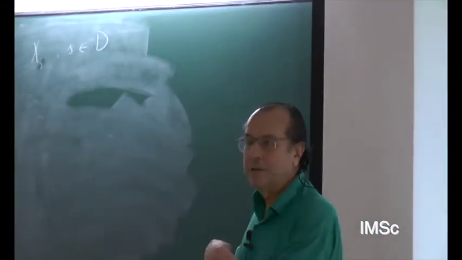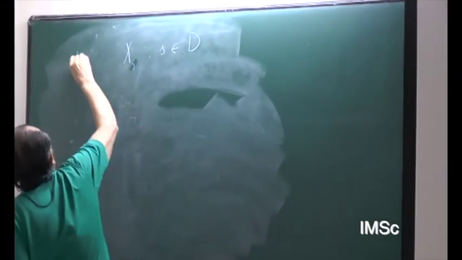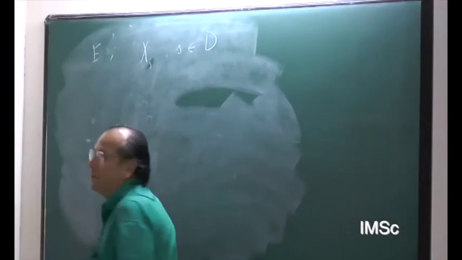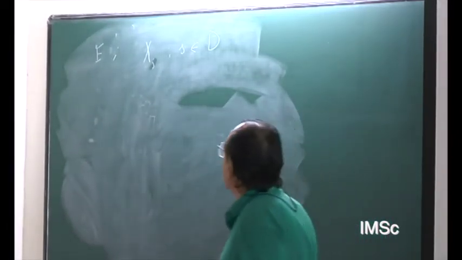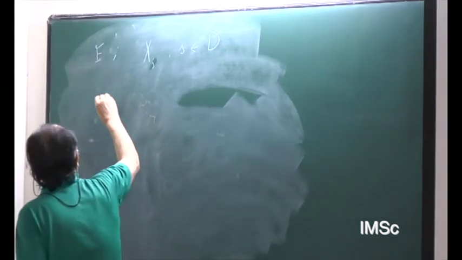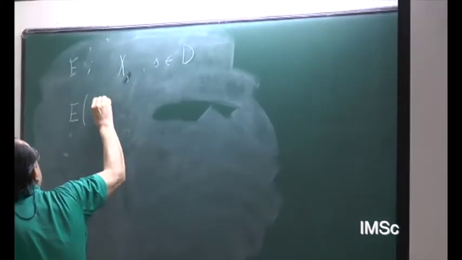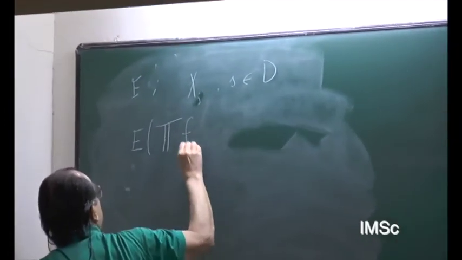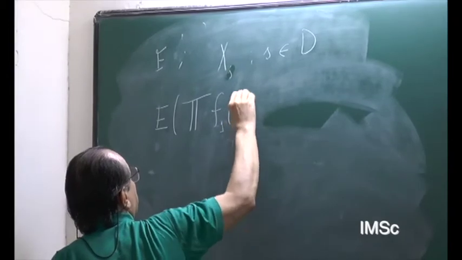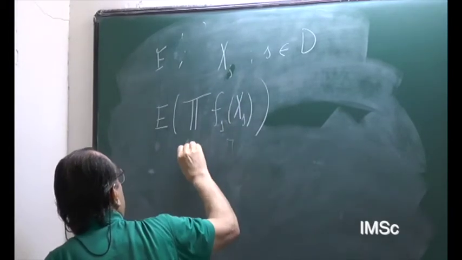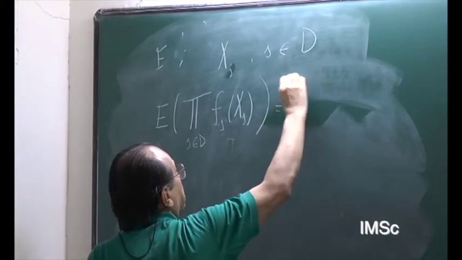These random variables are defined on a certain probability space, so I have an expectation value for this joint expectation value, and the classical notion of independence is that the expectation of a product is the product of expectations.